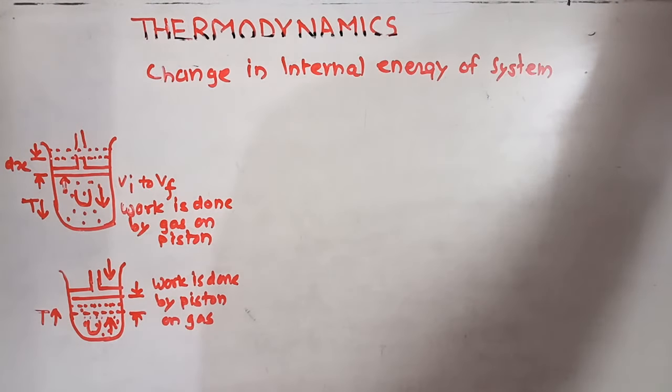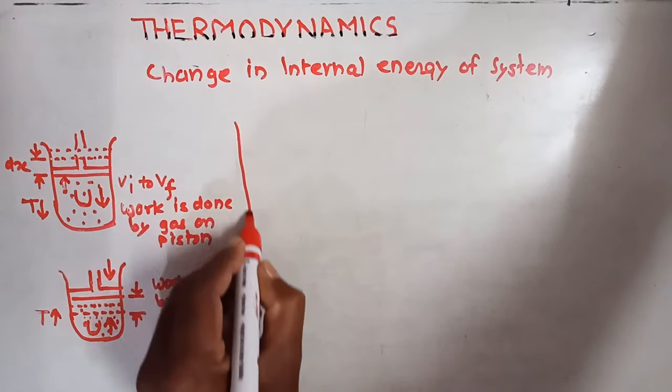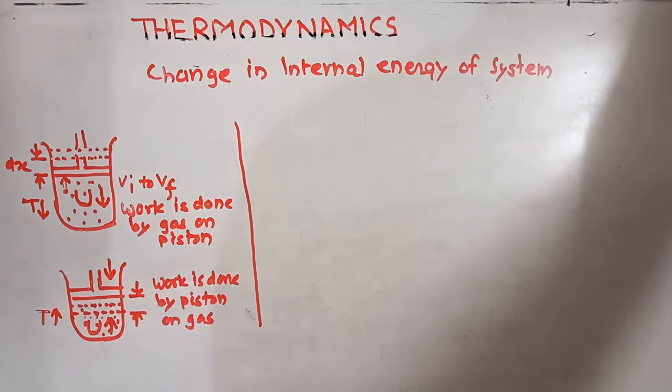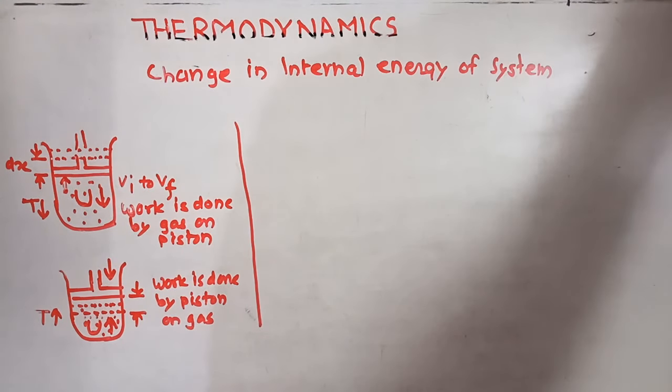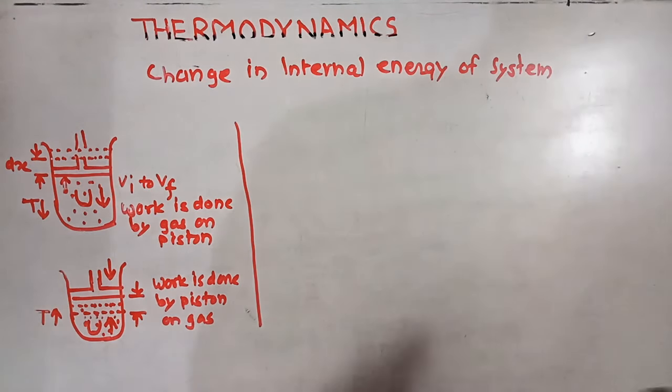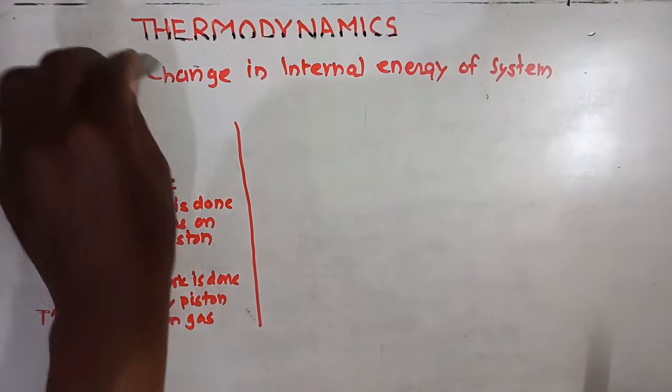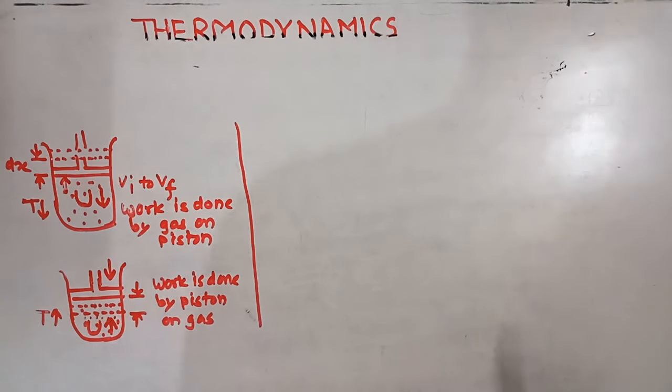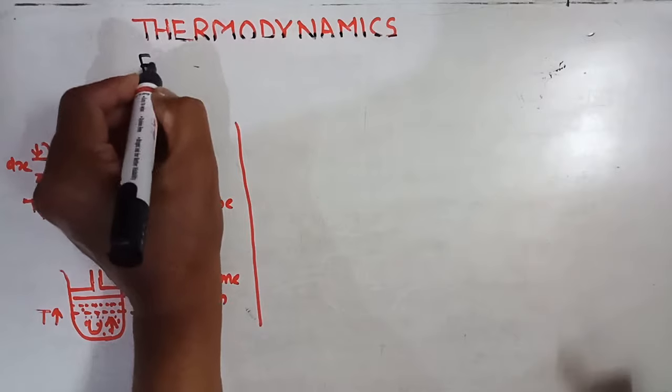So in this way, the internal energy of this gas is changed by doing external work by the system or on the system. When work is done by the system or on the system, there is a change in internal energy, and this is the foundation of the first law of thermodynamics.